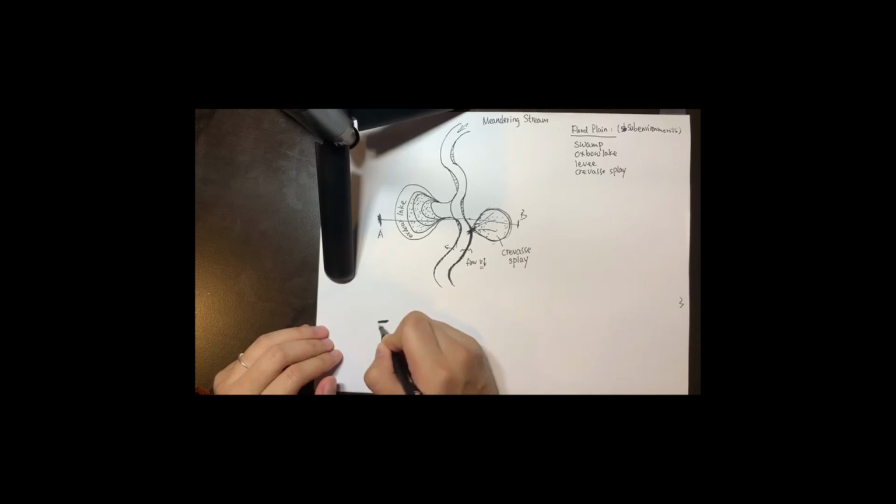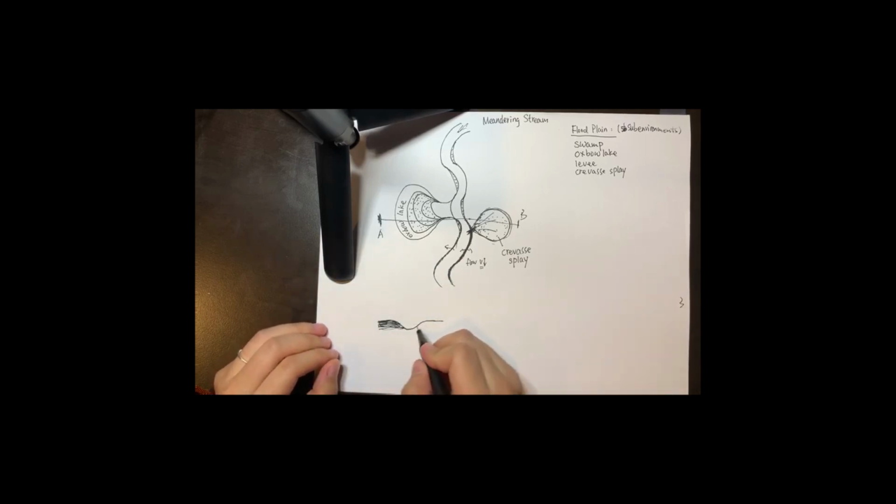A floodplain is mostly laminated mud, right? Okay, so there will be a muddy oxbow lake, and within the oxbow lake we have mostly laminated mud deposit.